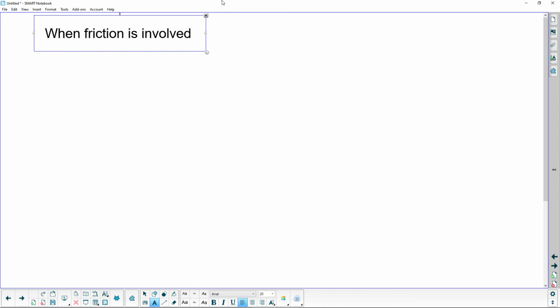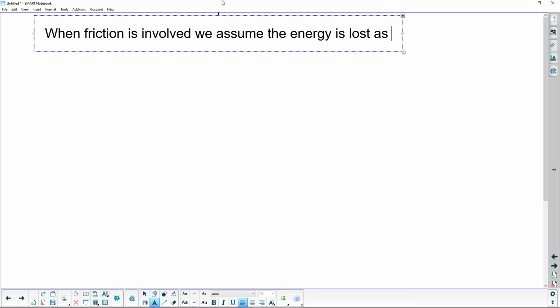There we go. All right, so when friction is involved, we assume the energy is lost as waste heat out of the system.